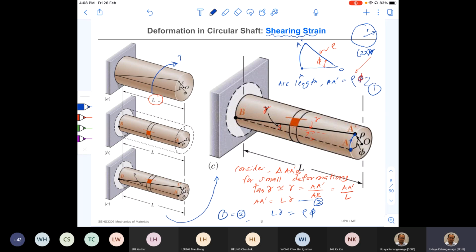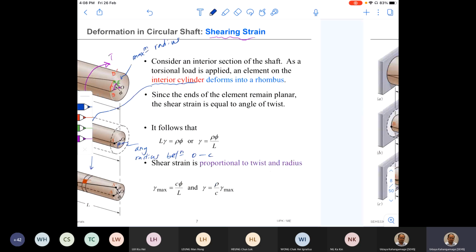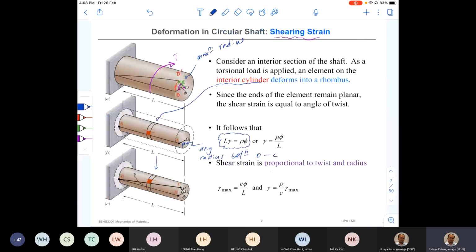So if I go back to my previous slide now, can you see the same thing? So this equation is derived using the explanation that I have just given to you. So this one tells me that there's a relationship between angle of twist and the shear strain, and the shear strain can be written by this equation.